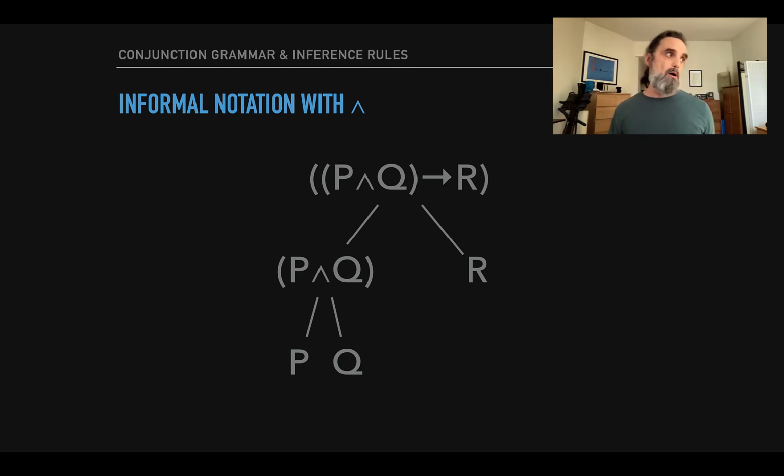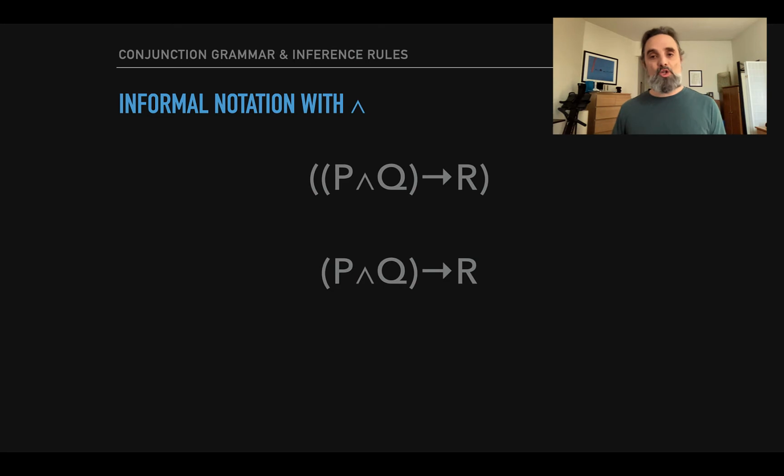So if I sleep well and I eat enough food, then I will be happy. With this sentence too, we can apply our old convention to drop the external parentheses, giving us parenthesis P and Q, parenthesis arrow R. Then we have another convention that says when a conjunction is inside of a conditional, you can drop the parentheses around the conjunction.